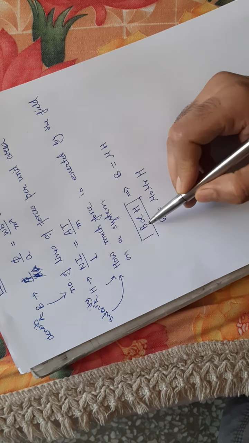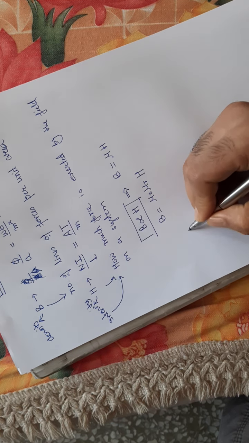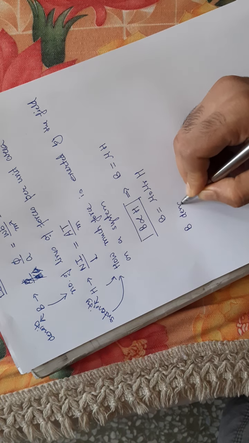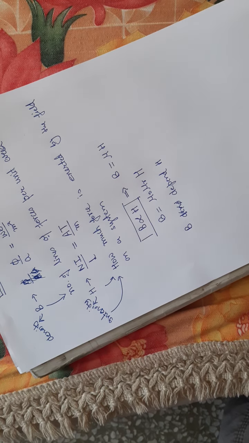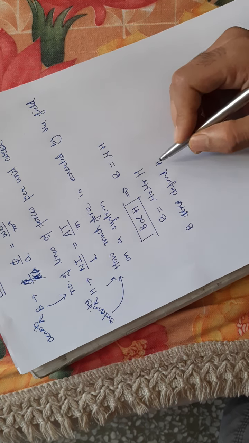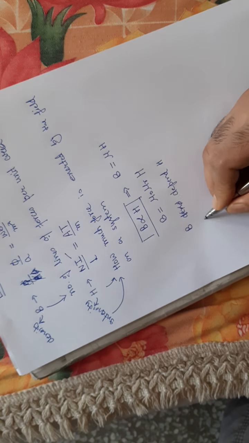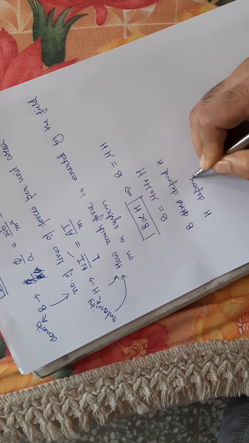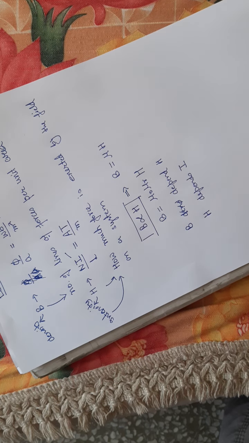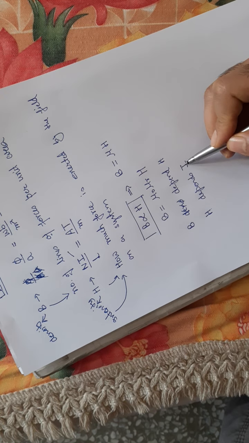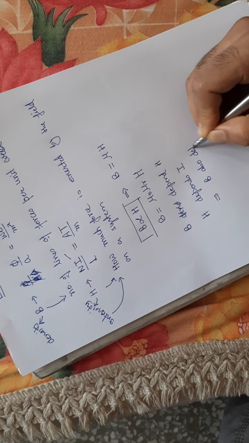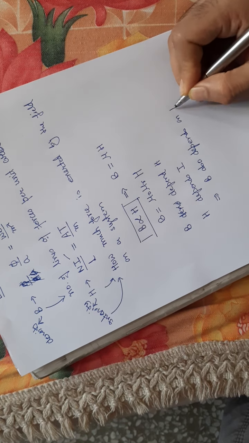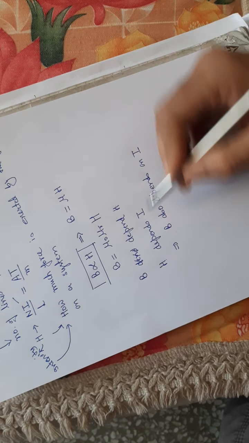In this equation, B is dependent on H, and from the relation for H you can see that H depends on current I. So B depends on H and H depends on I, which means B also depends on I, though indirectly through H.